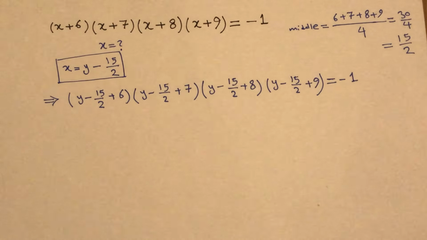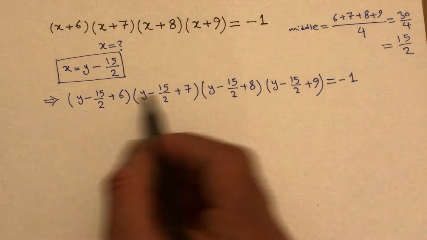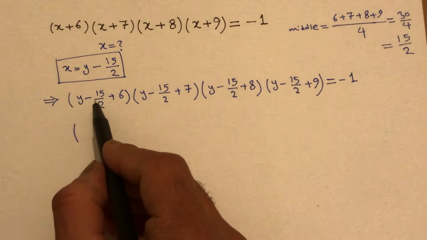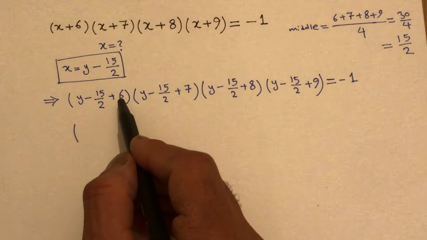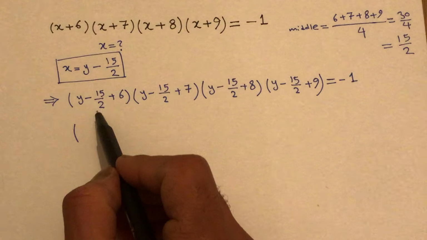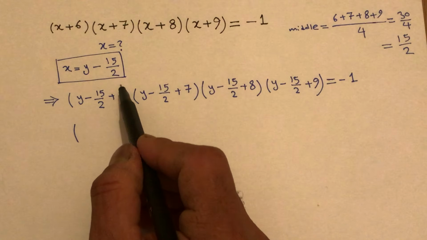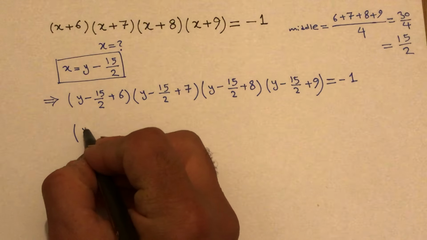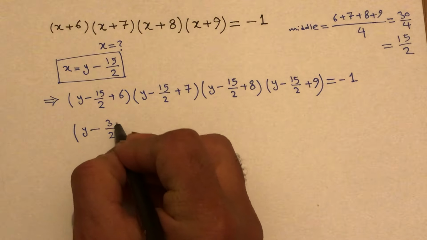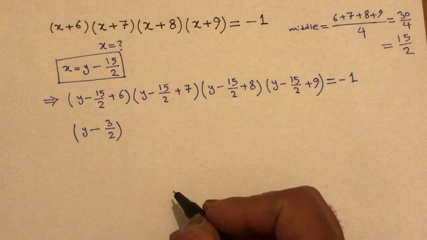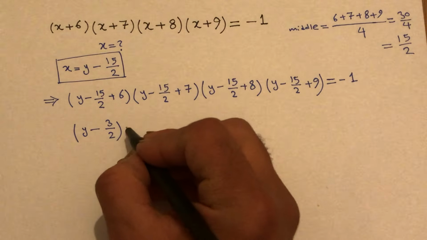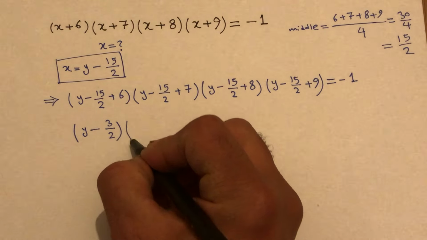Okay, you can simplify these numbers, because minus 15 over 2 plus 6 is minus 15 over 2 plus 12 over 2, which is minus 3 over 2. You can solve it yourself, but I can just write the result here.